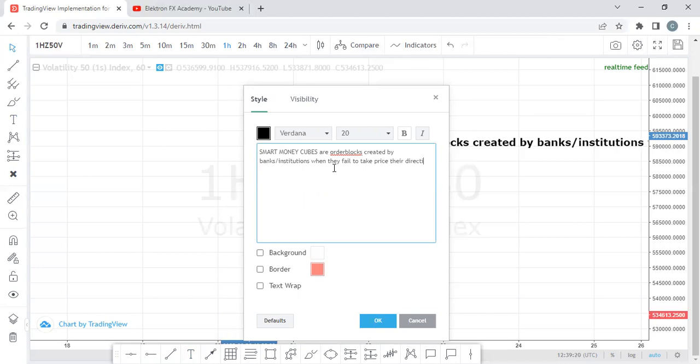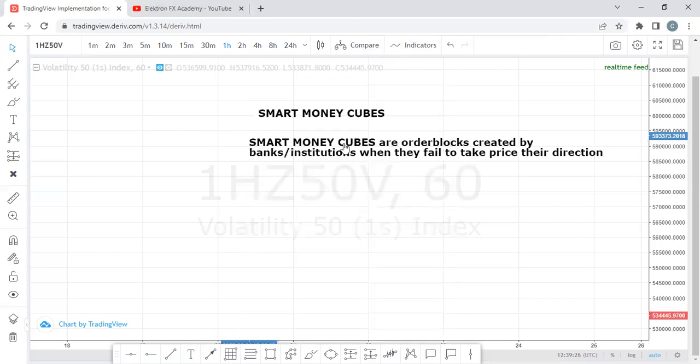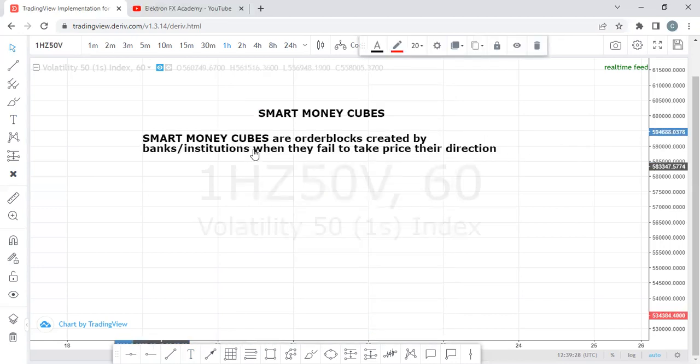I will explain this. So order blocks are created by banks and institutions when they fail to take price in their direction.